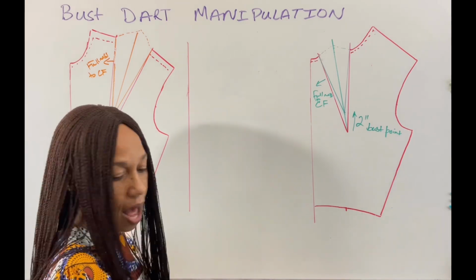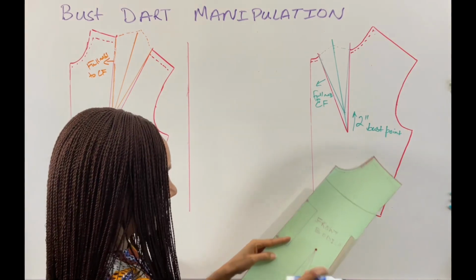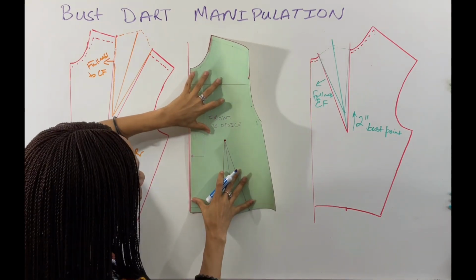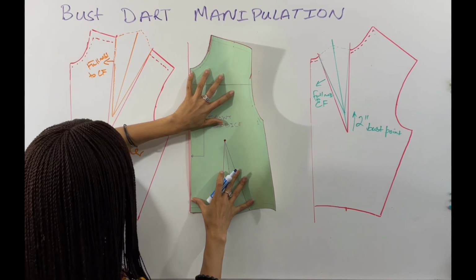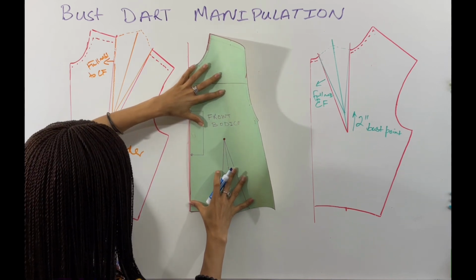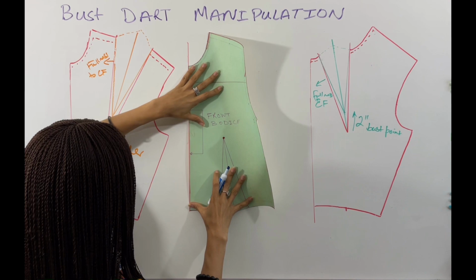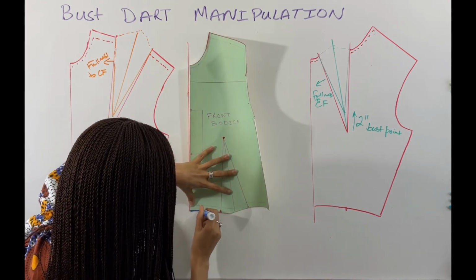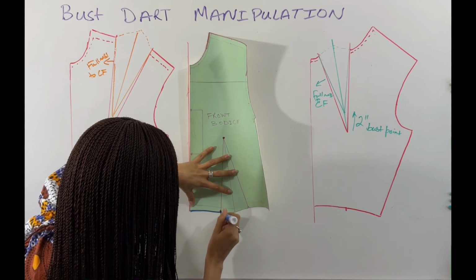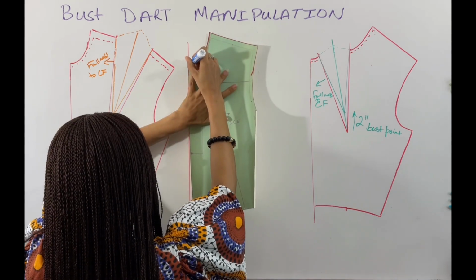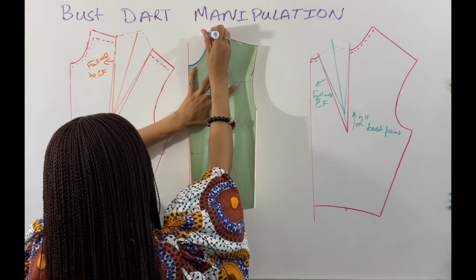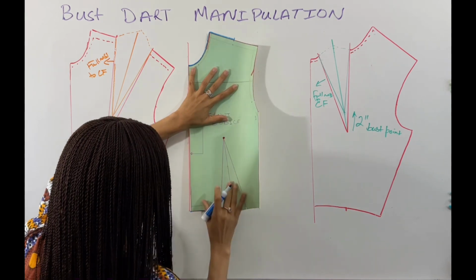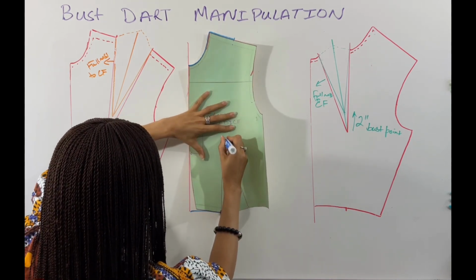So I'm going to trace out my pattern here, and I'm going to show you what it's going to look like when I do the dart manipulation of the shoulder dart. So I'm going to do half. I'm tracing up to the beginning of the dart, and I'm going to trace along the neckline and the shoulder to the point where I want to stop on the shoulder.